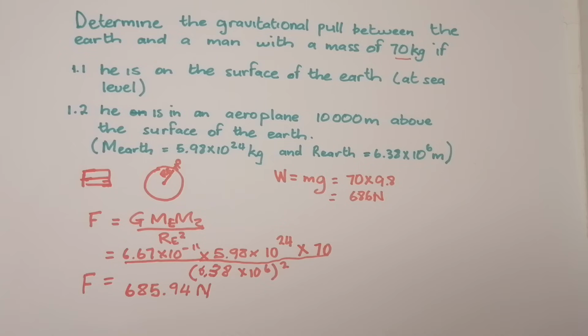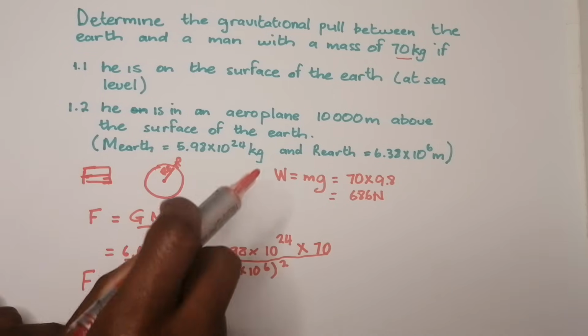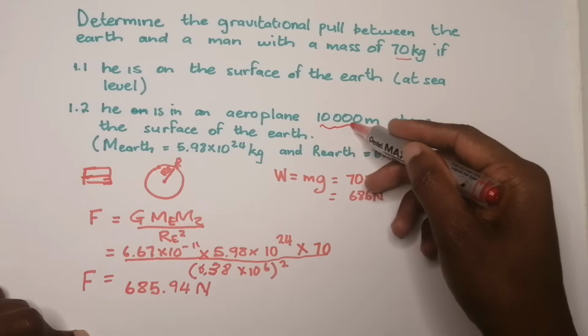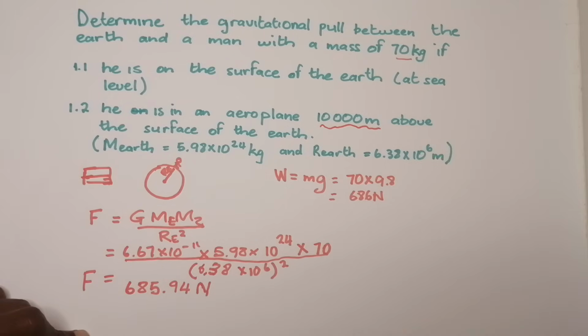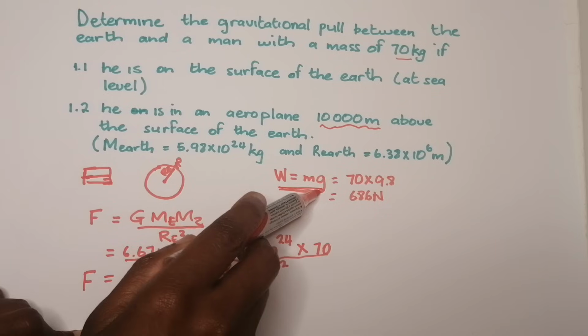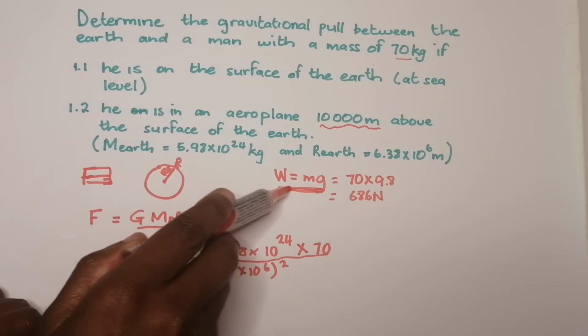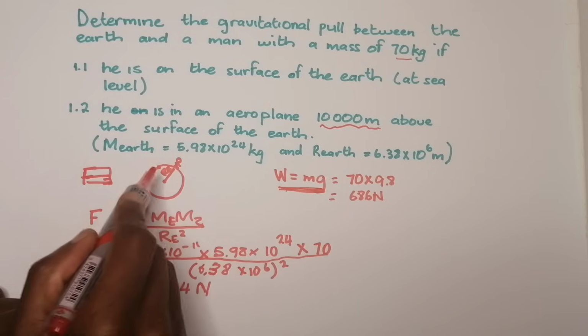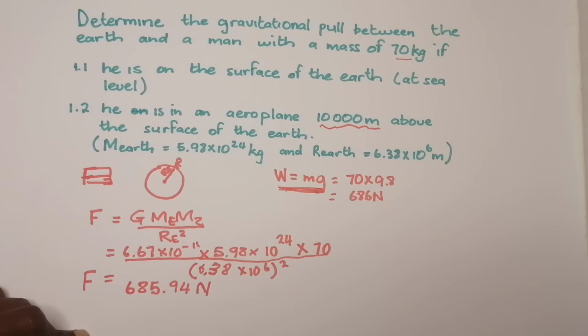Now, very important for you to note, ladies and gents, in this particular case, because the person is no longer on the surface of the earth or even near it, you cannot use this particular formula, because this will only work for objects that are on the surface of the earth or near the surface of the earth.